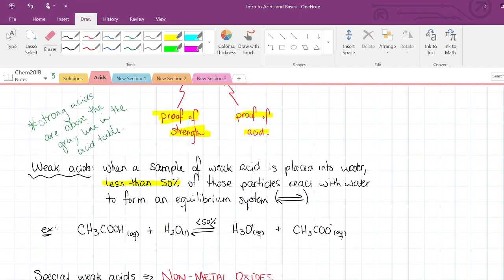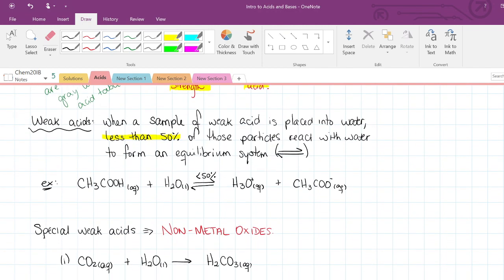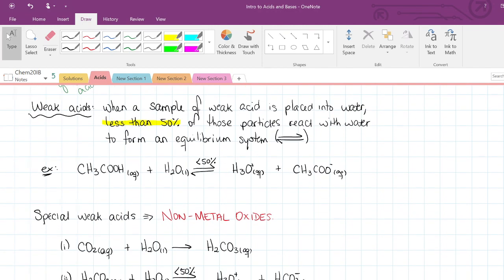For a weak acid, any of the compounds that are below the gray line, when you place it into water, it still undergoes hydrolysis. The thing with the weak acid is that less than 50%, and it's always less than 50%, of that particular substance will undergo hydrolysis. So if we take our CH3COOH, our acetic acid, it's going to undergo hydrolysis.